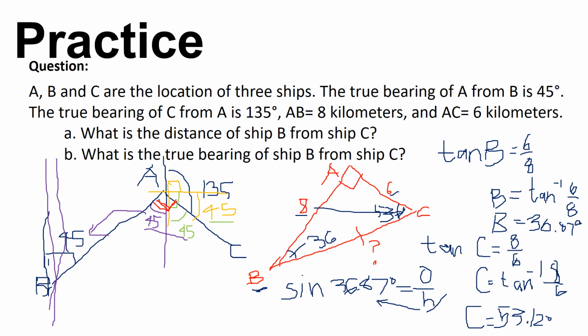You can exchange them. So hypotenuse is equal to the opposite of 36, which is 6 km, divided by sine 36.87.